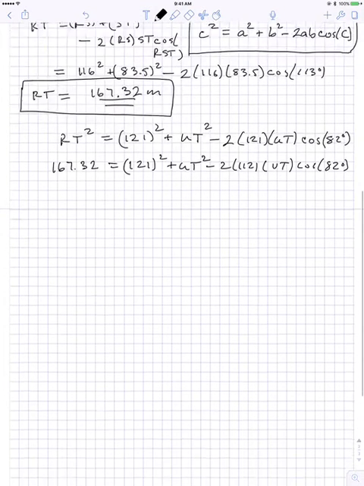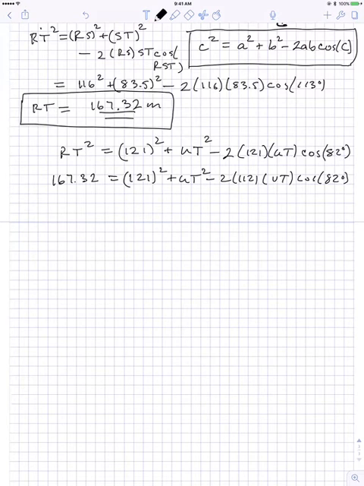Okay, so now we look at this and we think, well, how do I solve this equation? And you see, it's a quadratic equation. We move everything to the other side. We gather up all the constant terms.